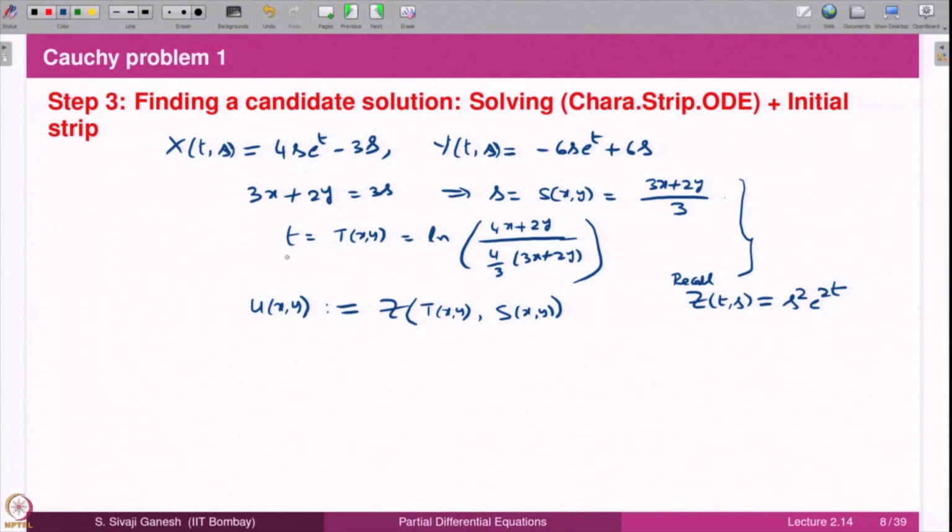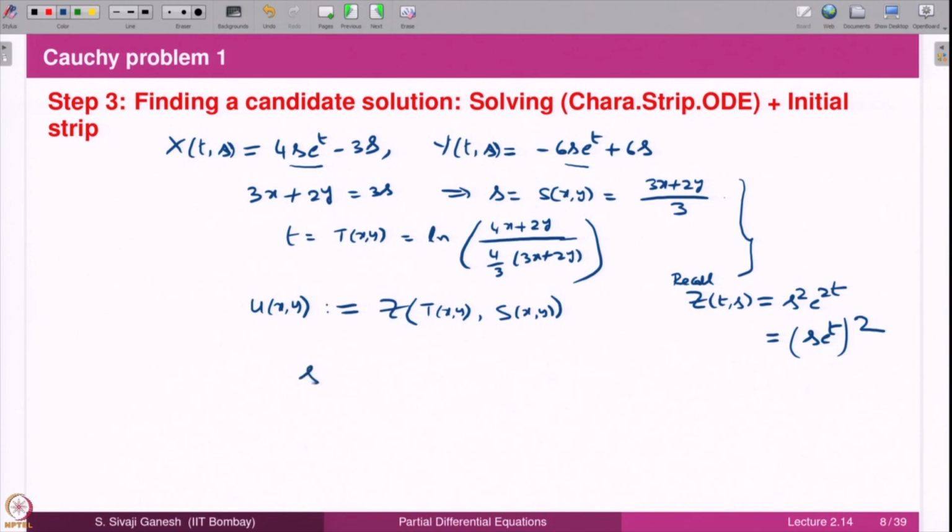We have found t here, so why do we not compute e^{2t} from here? Or sometimes it is much easier to compute s e^t, because that is what is there in our equations for x and y. If you notice, this combination s e^t comes in both. So, if you multiply x and y suitably and add, then you can get rid of the rest. So, you get an expression for s e^t directly, then you can substitute here and get the answer. So, let us do that.